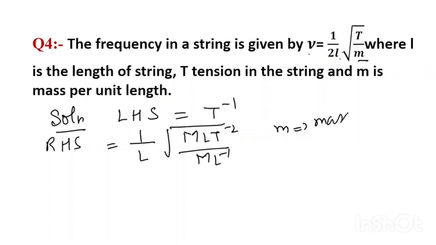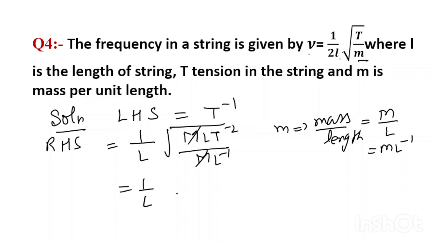m is what? Mass upon length, and mass is M upon L. So this is equal to M L minus 1. Now this M cancels. Now shift this L minus 1 also into numerator. So 1 upon L under root L power 1, and shift the denominator into numerator.